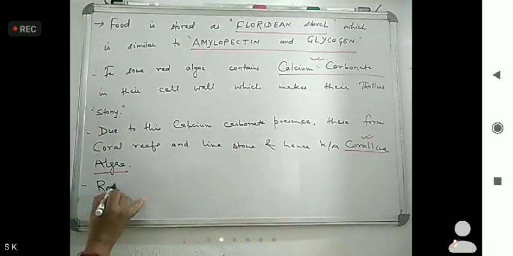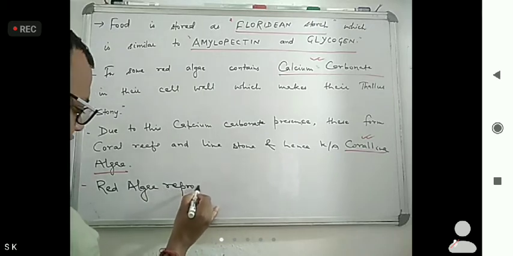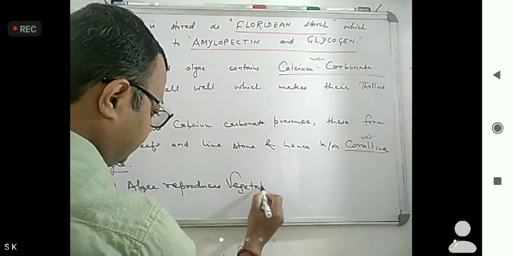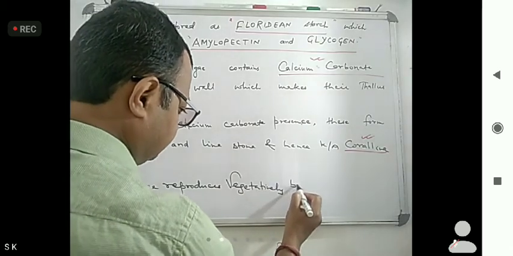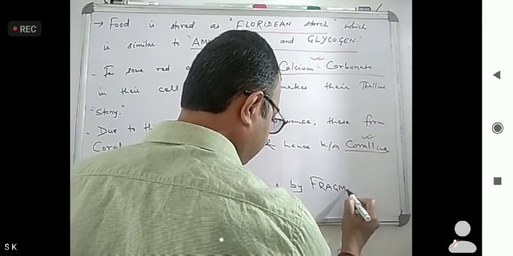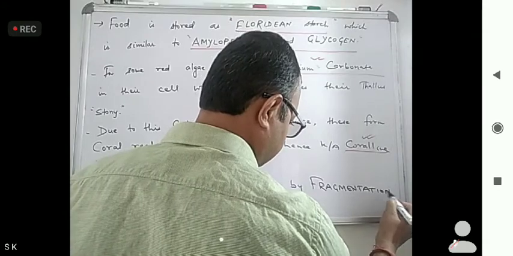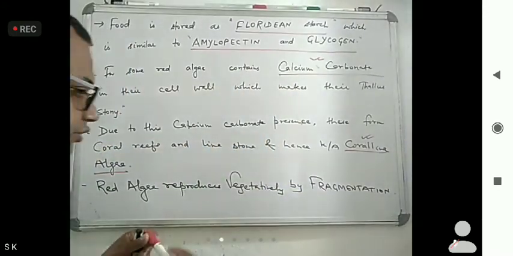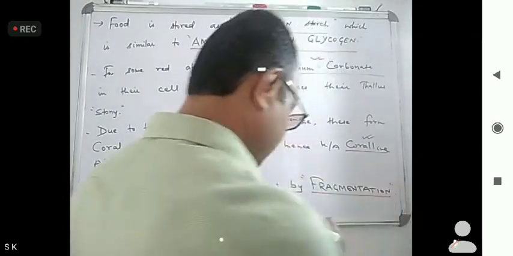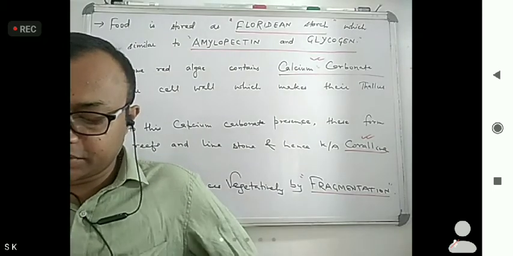So red algae reproduces vegetatively by what method? Fragmentation. Okay, they reproduce by which method? Fragmentation.